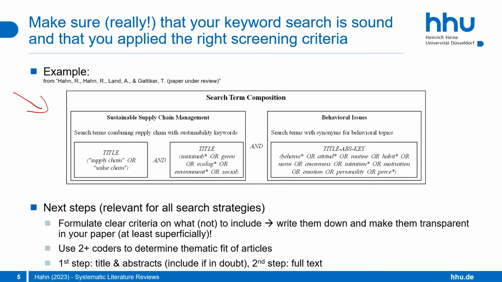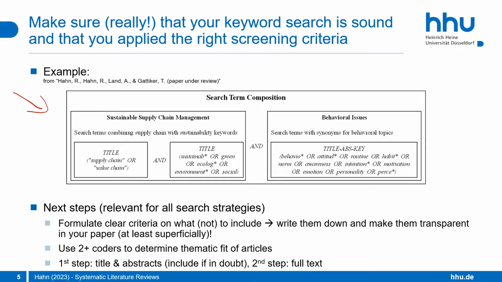In this case, for example, we were looking for behavioral topics in so-called sustainable supply chain management. That is supply chain management that deals with ecological and social issues and so on. We were looking at really individual level behavior. For that, we combined two search terms, just to give you a brief idea.